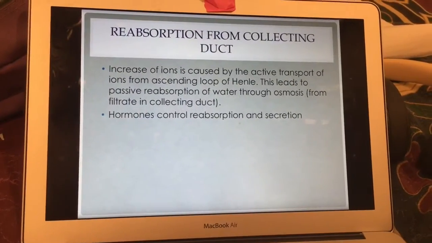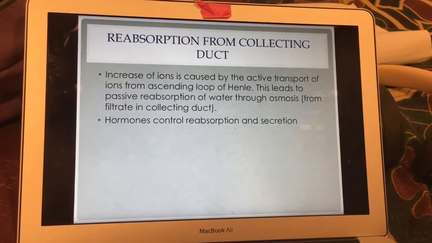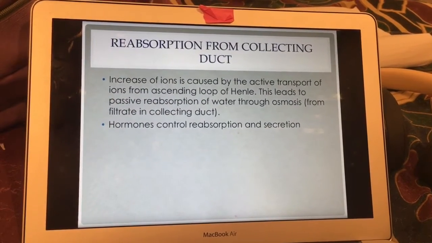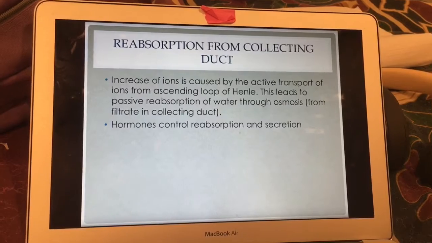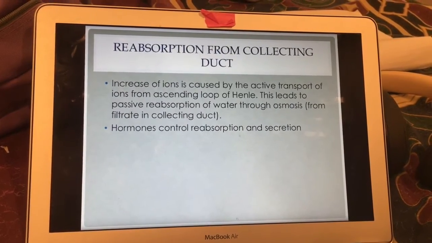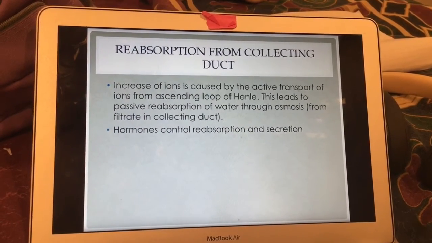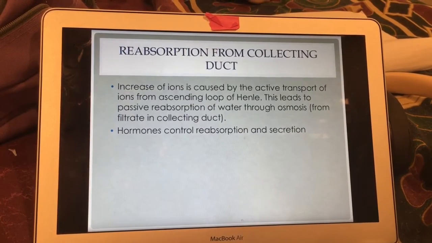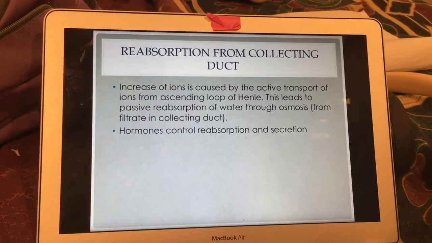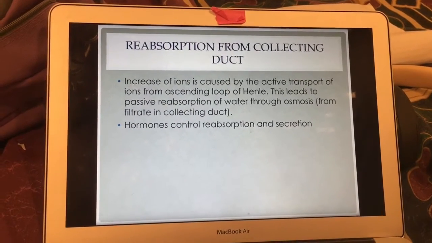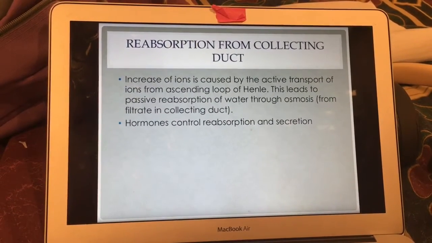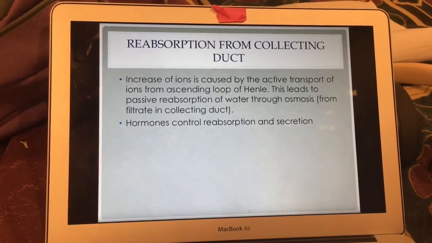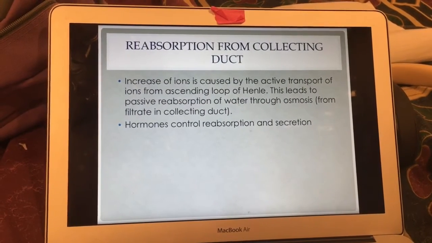Reabsorption from the collecting duct. The filtrate coming into the collecting duct has high amounts of water. Because the collecting duct is very lengthy and goes far into the medulla, the concentration of ions increases.